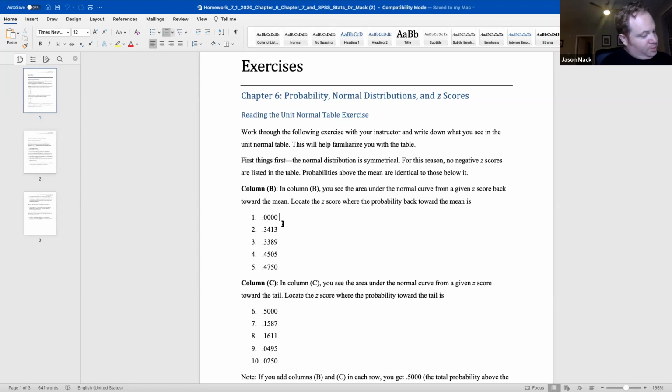So for the first z-score, you're going to look where the probability is back towards the mean. In column B is the area under the normal curve. And then the z-score where the probability back towards the mean is going to be 0.0000.